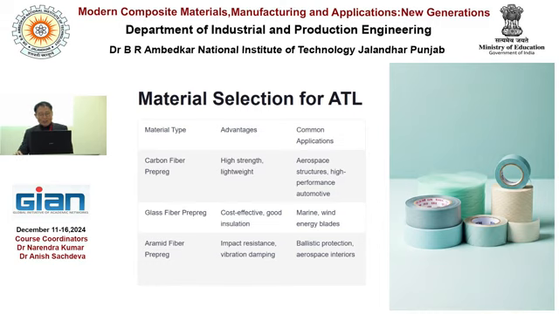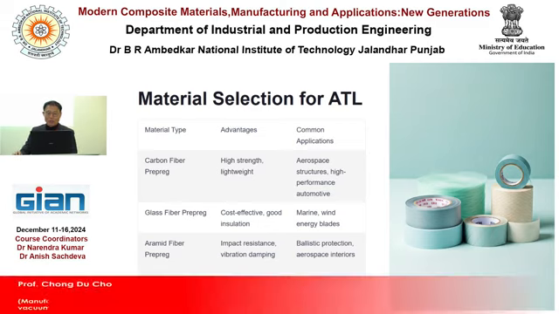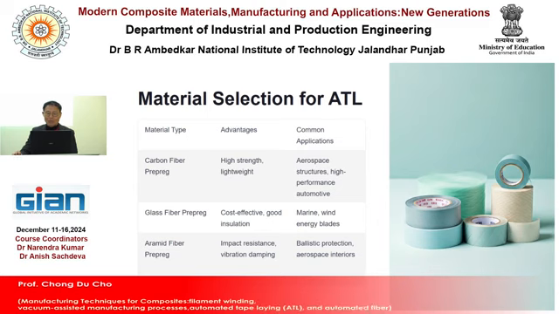So those kinds of fiber are very commonly used for advanced composites. Even for ATL, carbon fiber prepreg, glass fiber prepreg, and aramid fiber prepreg are used. Carbon fiber is used for aerospace structures and high performance automotive. Glass fiber is for marine or wind energy blades.